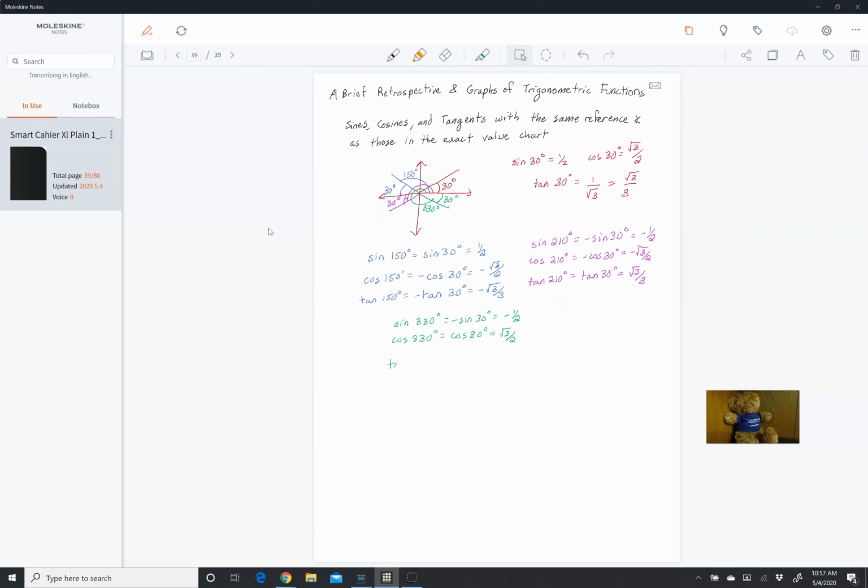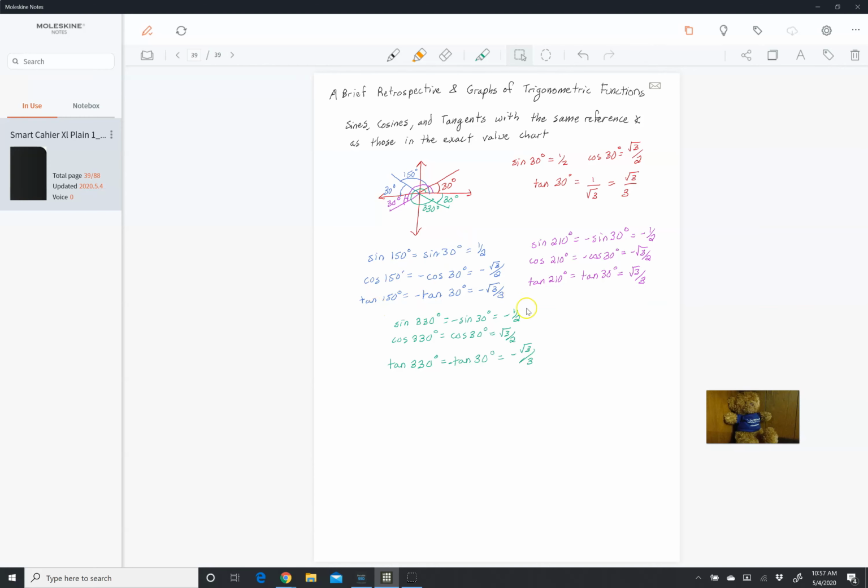And the tangent of 330 degrees, well, that's going to be the negative tangent of 30, because tangent is negative in quadrant 4.